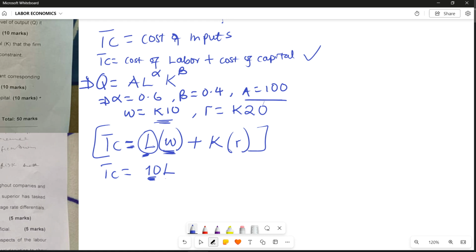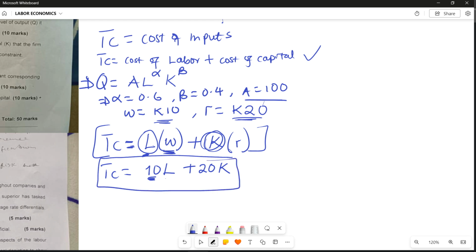So that is the cost of labor plus the K. We don't know what K is, but at least we know that each unit of capital should be receiving 20 kwacha. So now this is the total cost function for our question at hand. So the total cost therefore is 10L plus 20K. 10L plus the 20K. So that is the total cost function.